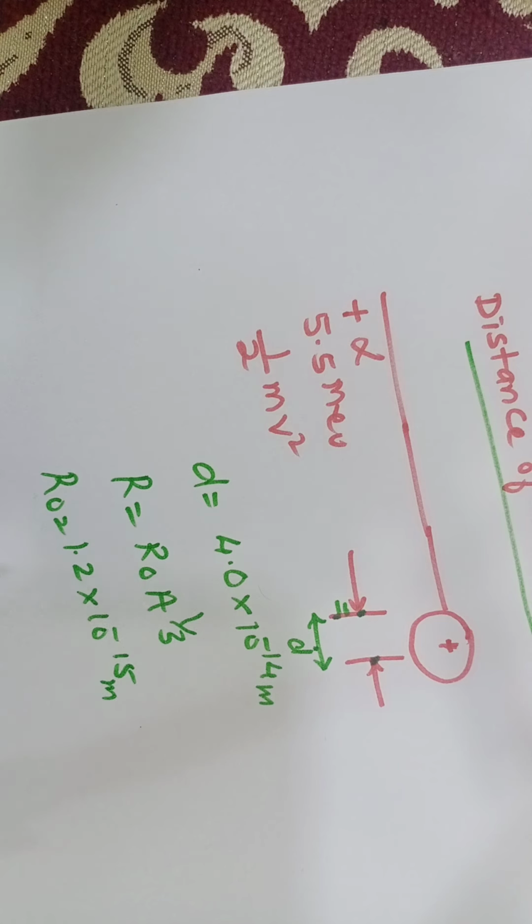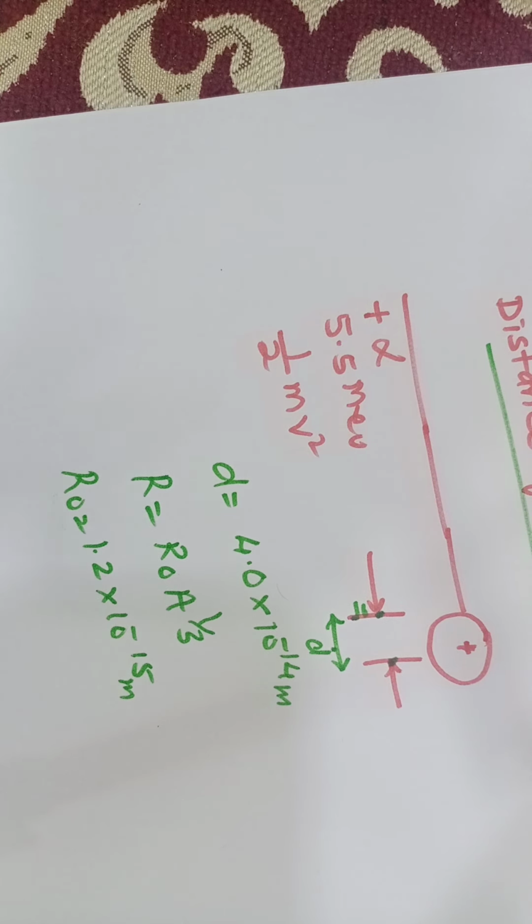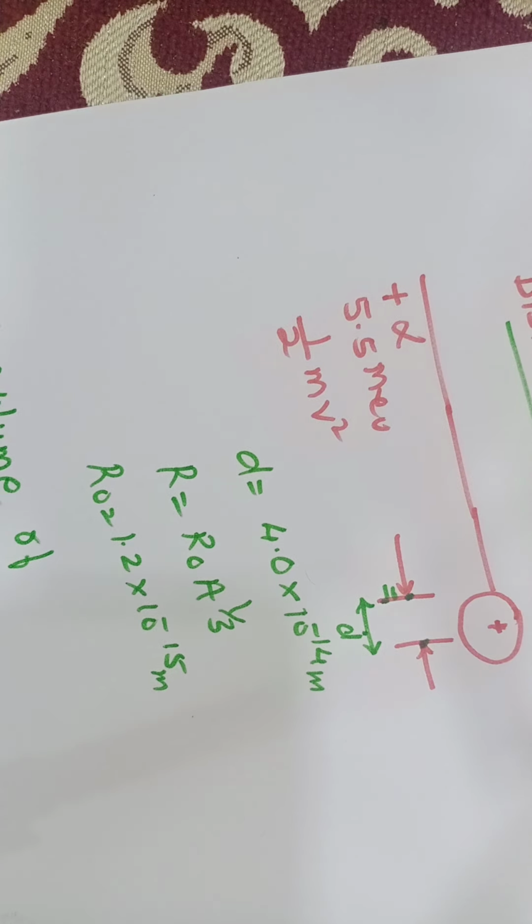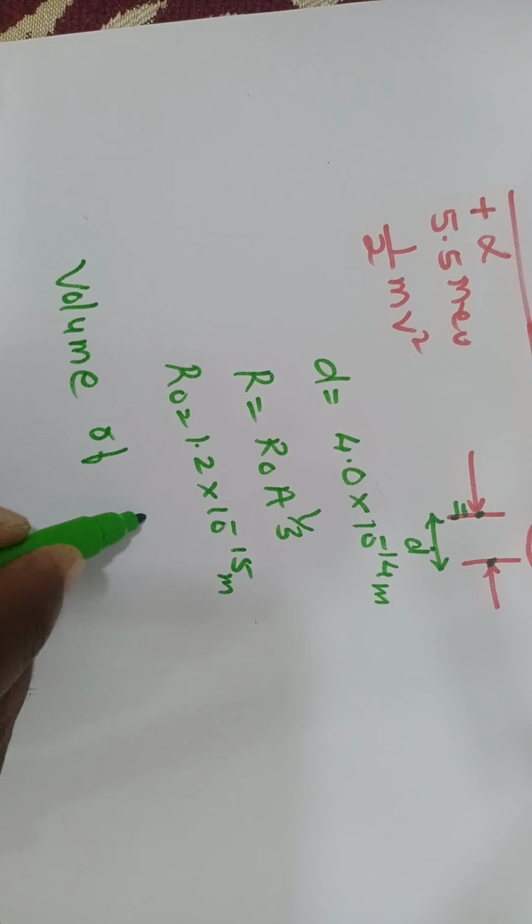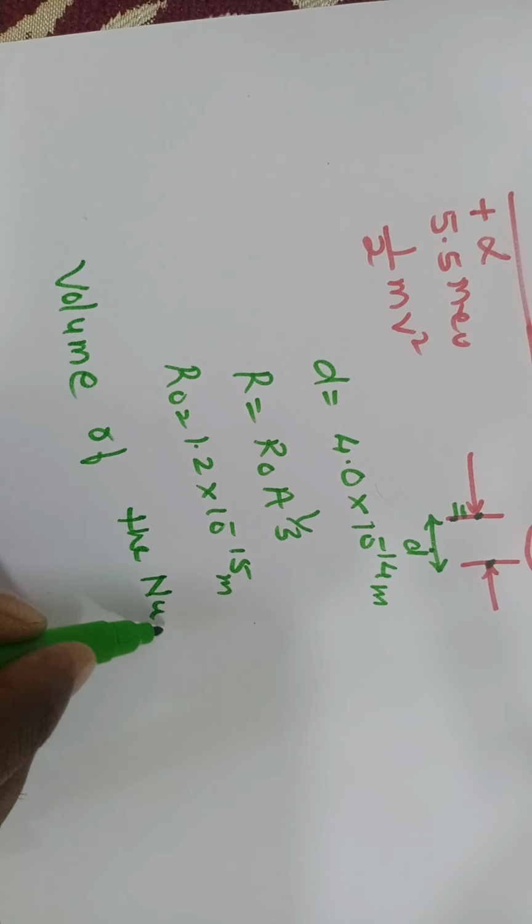From this we can conclude the size of the nucleus, and then later we can calculate the density of the nucleus also. First the volume of the nucleus. What will be the volume of the nucleus?